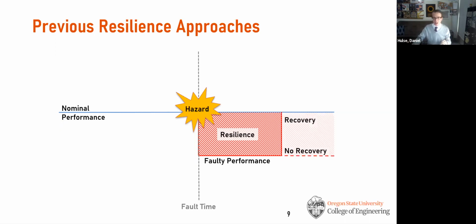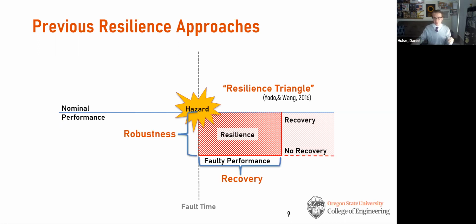And so you can imagine that curve would be better if it recovered sooner than if it didn't. And this whole definition of resilience in the literature is often called the resilience triangle. And different people have quantified different metrics in terms of the robustness of the system and the recovery time.